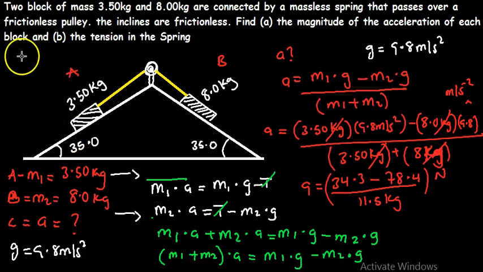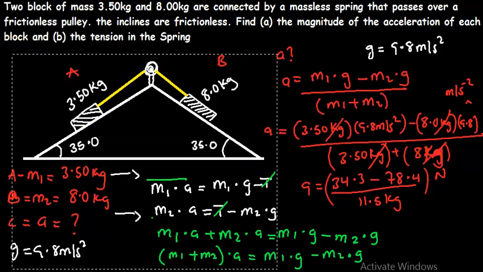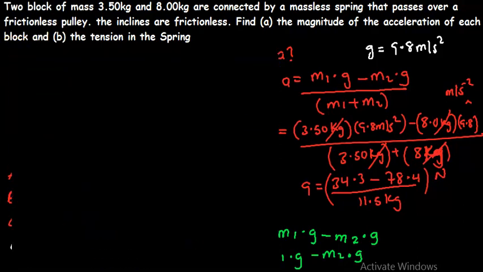Let's create some space. So, our acceleration is 34.3 minus 78.4, which is simply going to be negative 44.1. Remember the unit there is Newton.